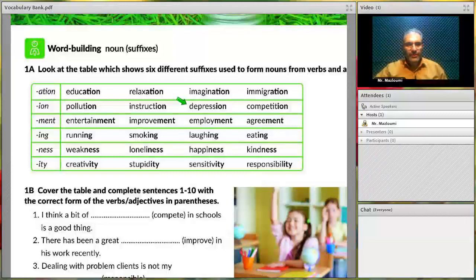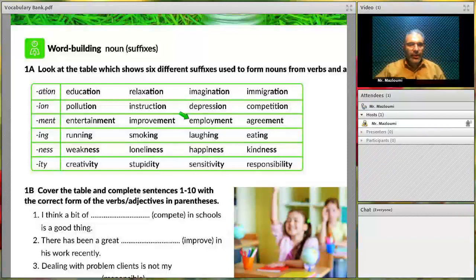Depress, depression. Competition, compete. We compete in matches. Entertain, entertainment. We amuse, we entertain people. Improve, improvement. Boost, enhance, make better. Employ, employment. We employ, we hire someone, we recruit them. Opposite of fire, axe. Agree, agreement. Running, smoking, laughing, eating.